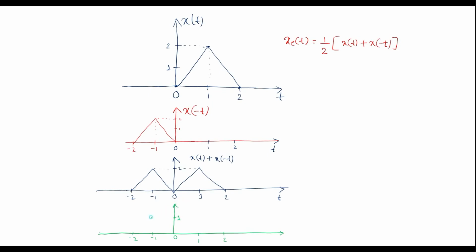So the same signal will appear as it is. So here also at t equal to 1, amplitude is 1. So this is xe of t, that is even component of the signal.